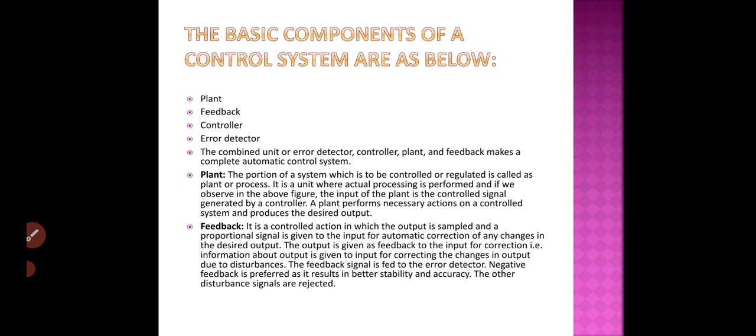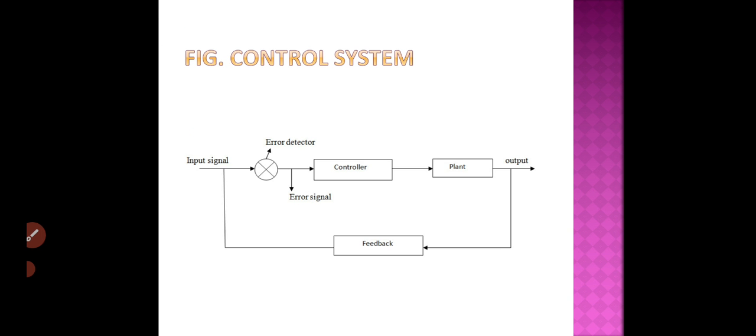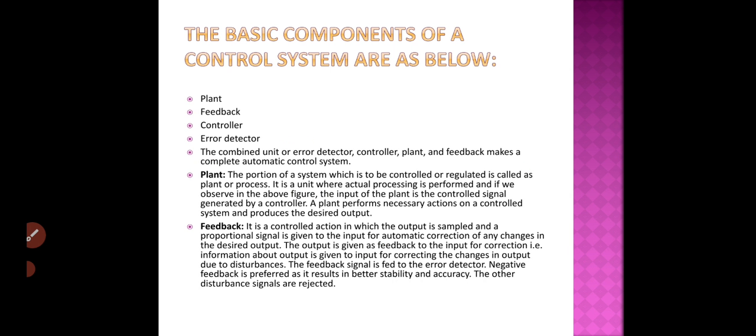It is a unit where actual processing is performed, and if we observe the above figure, the input of the plant is the control signal generated by a controller. In this figure, the input of a plant is controlled by a controller to obtain the desired output.